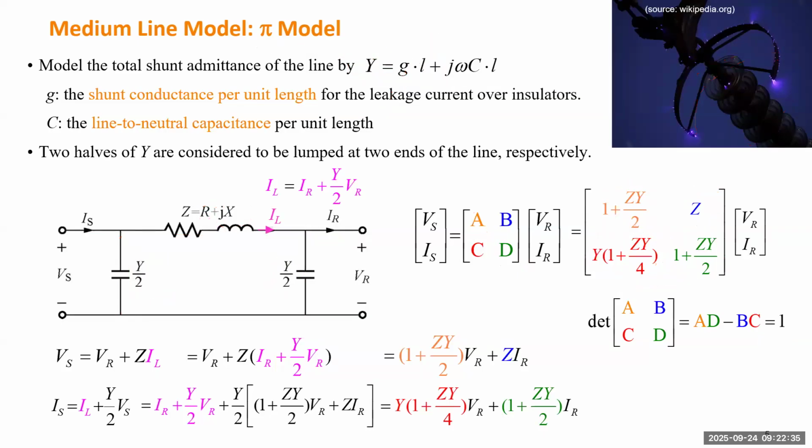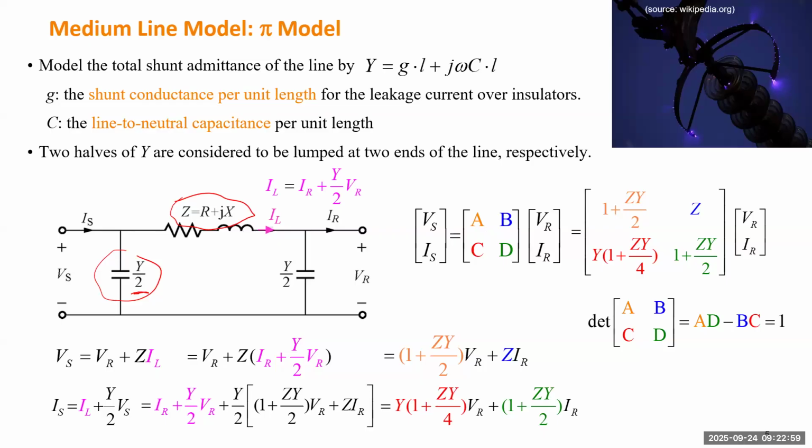I have to emphasize a number of things, just in case you want to do the homework and to avoid some mistakes. When I draw the pi model, I draw Z here. That really means the impedance of the line. And for this shunt branch, I put half Y here. The half Y is equal to admittance, not the impedance.